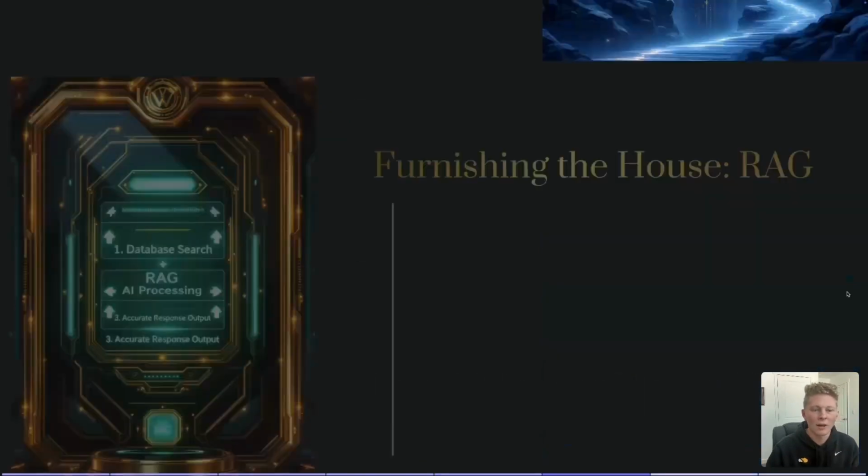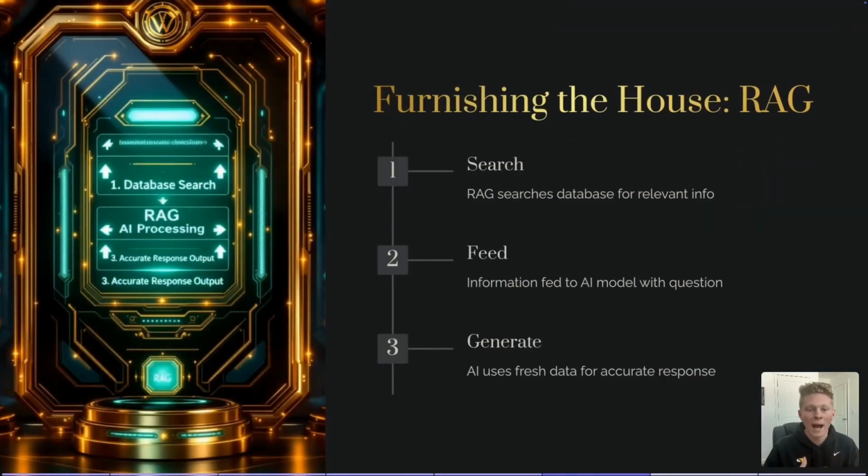Now, I did want to talk about RAG, some items that I mentioned with this Retrieval-Augmented Generation. It can be a complicated concept that we'll discuss in other videos on our page. But for a quick overview, Retrieval-Augmented Generation is a technique that supercharges AI language models by giving them access to up-to-date relevant information. So here's how it works. When you ask a question, RAG first searches a specialized database for relevant information. It then feeds this information to the AI model along with your question.